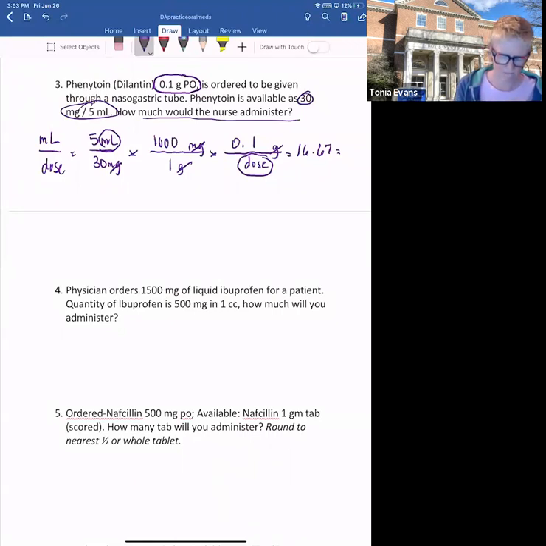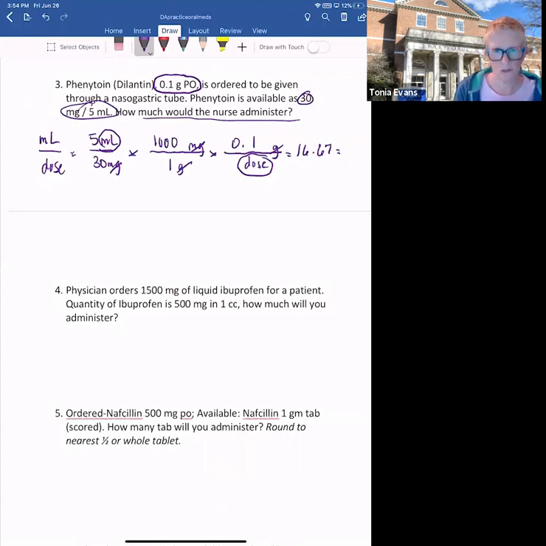Typically, if your answer is in milliliters and greater than 1, most of the time you're going to round to tenths.